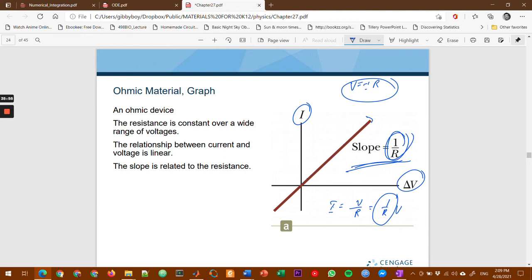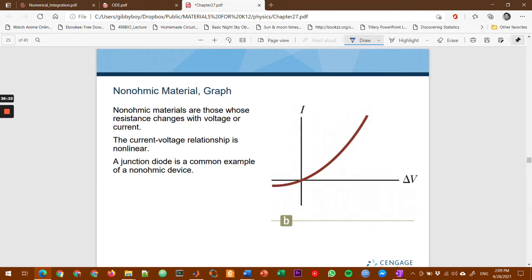So on the other hand, we also have materials nga dili mo obey ani, dili siya straight ba. So materials nga dili straight, I mean dili straight ang iyang relationship, ang iyang graph when it comes to graphing its current with respect to voltage. Okay, so it looks like this. So curve siya or bend. Okay, so non-ohmic materials in this figure are those resistance changes with voltage or current na dili siya linear ang iyang relationship.